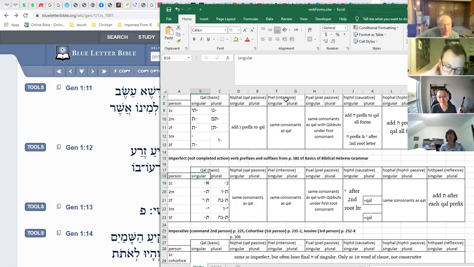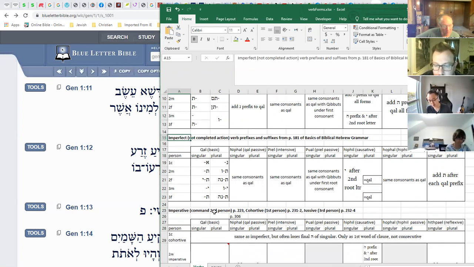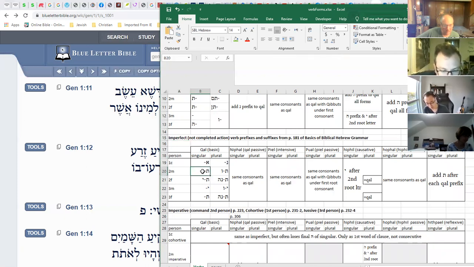Okay. So you already told me the tav was the prefix. So if it's prefixed, it's imperfect. And then look at this chart and tell me what conjugation you think it is. Where do you see a tav prefix? Well, you see it all over the place. Second person masculine, second person feminine.